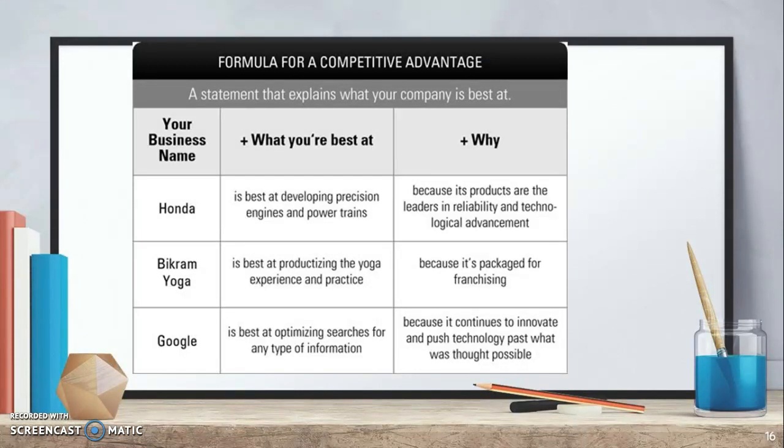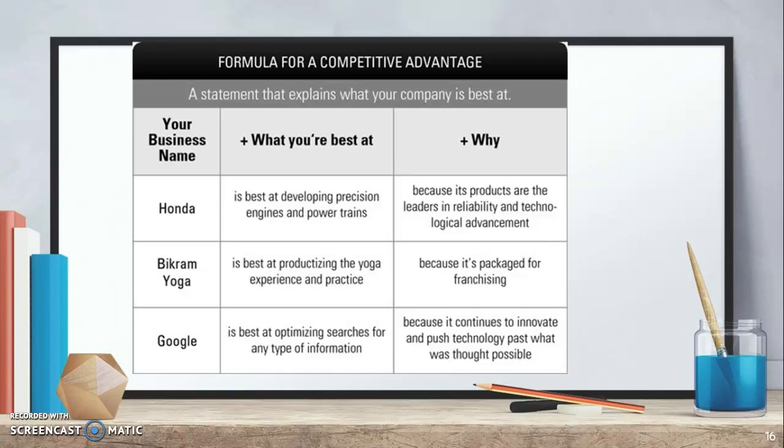This is another quadrant for competitive advantage, but this is more about differentiation. So Honda, the name of the business, what's it best at? It is best at developing precision engines and powertrains. Why? Because its products are the leaders in reliability and technological advancement.